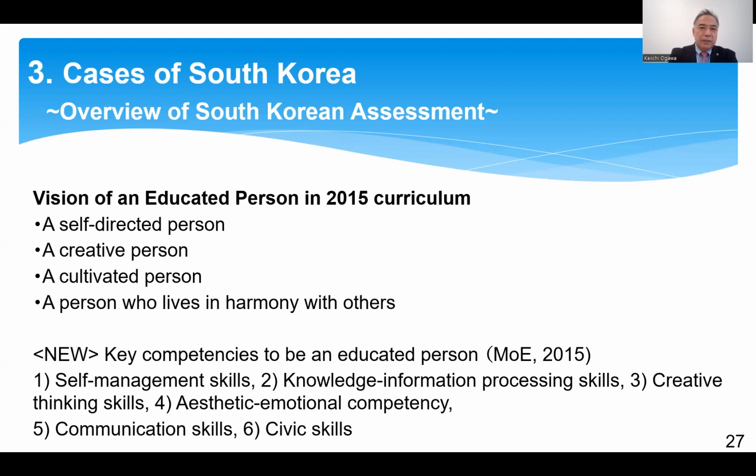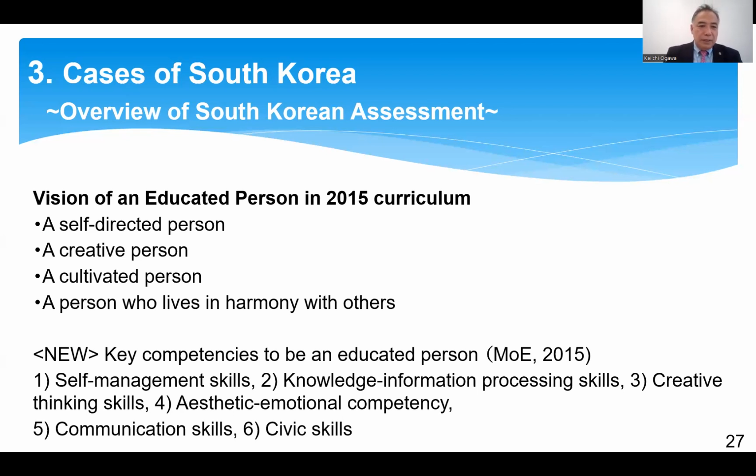In South Korea's case, the vision of the educated person in the 2015 curriculum is a self-directed person, a creative person, a cultivated person, and a person who lives in harmony with others.